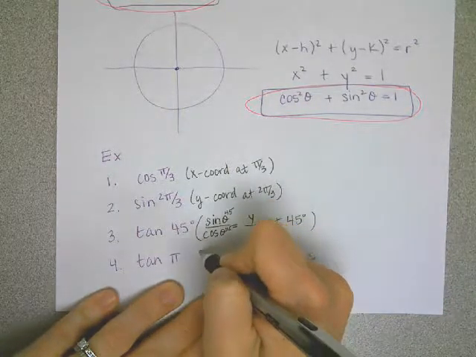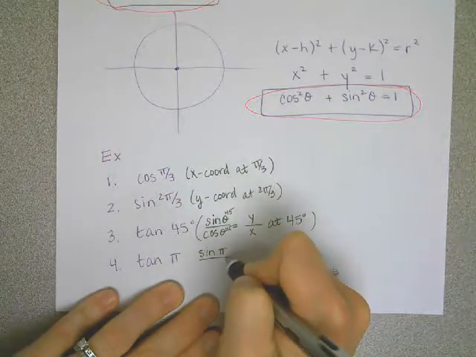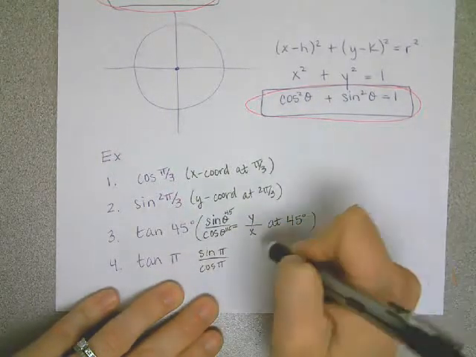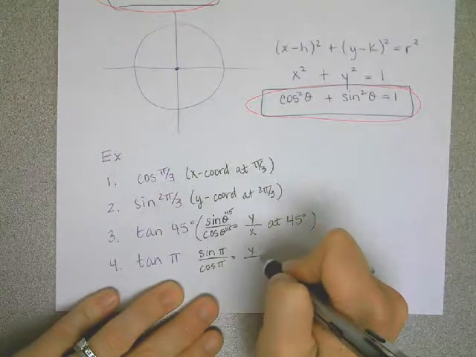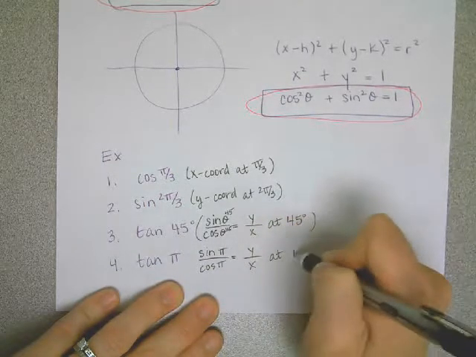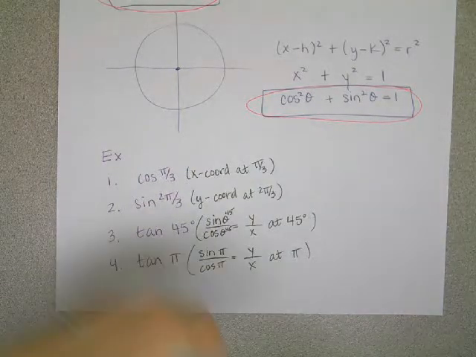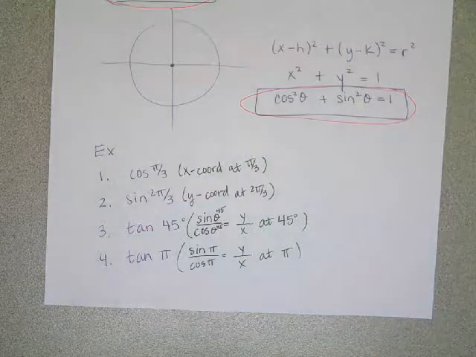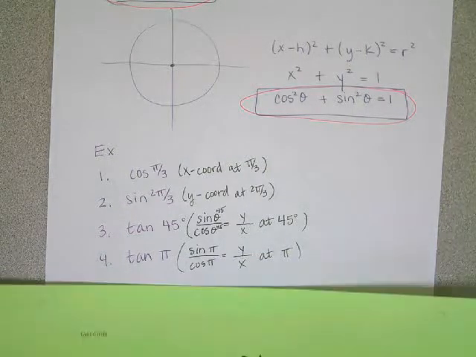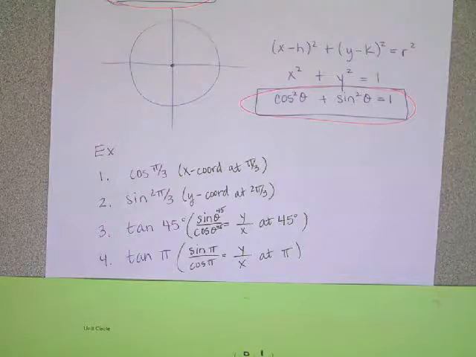Tangent of pi would be sine of pi over cosine of pi, which is really y over x at pi. So we pull out our unit circle, we can go answer these questions. It will really help if you have the unit circle memorized. Here in the next week or so, we could work on building up towards that.